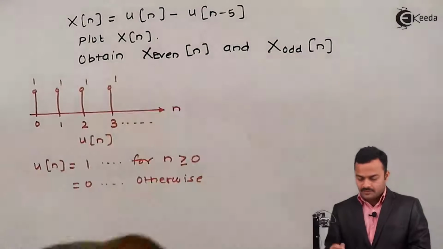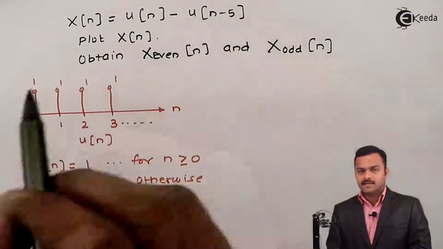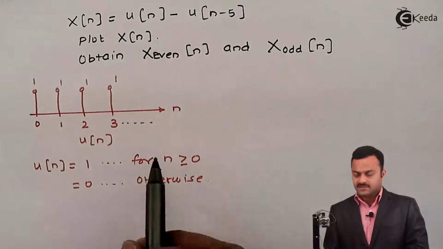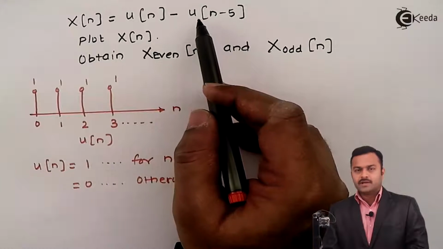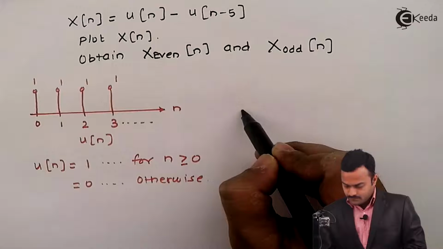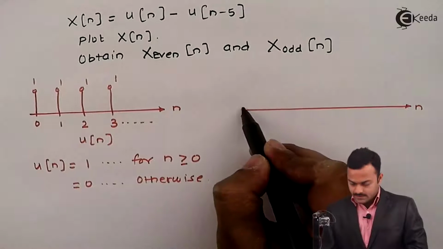So what we have in our question, u of n minus u of n minus 5, is there in our equation. So we need to obtain u of n minus 5, which is nothing but a time shifted version of u of n. So we will have u of n minus 5 like this.